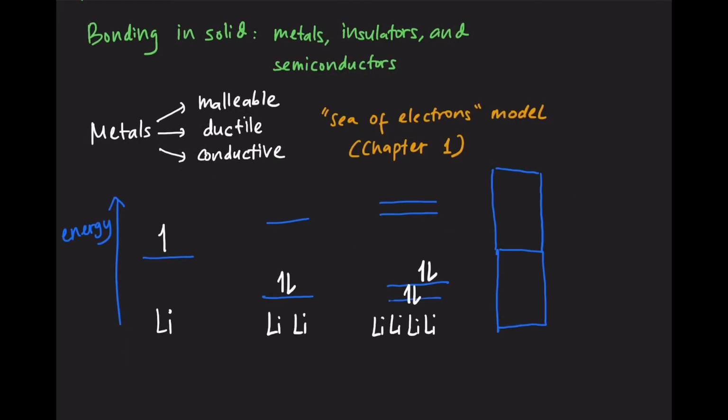And now, if we have N lithium, we will start seeing that the orbitals have merged into a band that is filled by electrons that we call the valence band. And another band at the top part that is not filled by electrons, and we call this the conduction band.